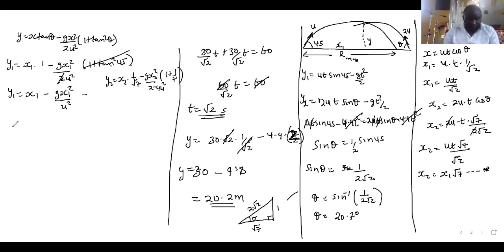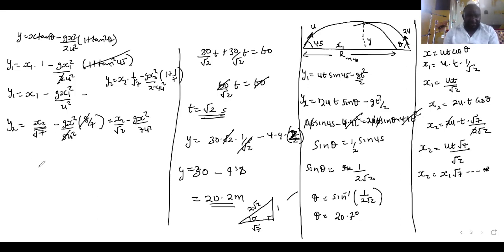So for y2, it will be x2 over root 7 minus g of x2 squared out of 8u squared into 8 out of 7. I can lose the 8, then this will give me x2 over root 7 minus gx2 squared over 7u squared.